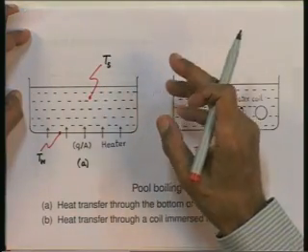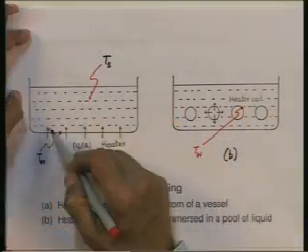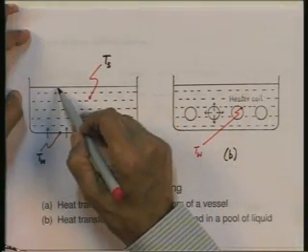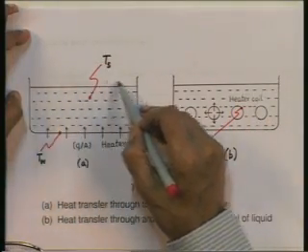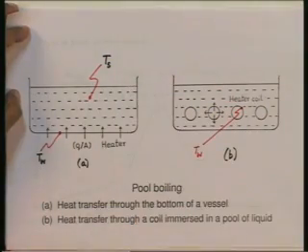This is what we call the natural convection region. There is really no boiling taking place, it is more of a natural convection occurring inside the pool of liquid. The superheated liquid rises to the surface, and evaporation takes place from the surface in the form of vapor, which comes off from this free surface of the liquid.